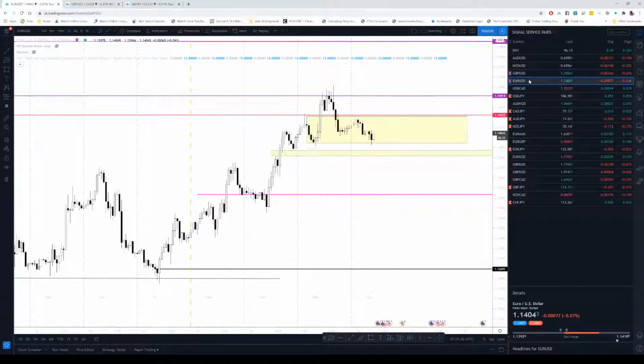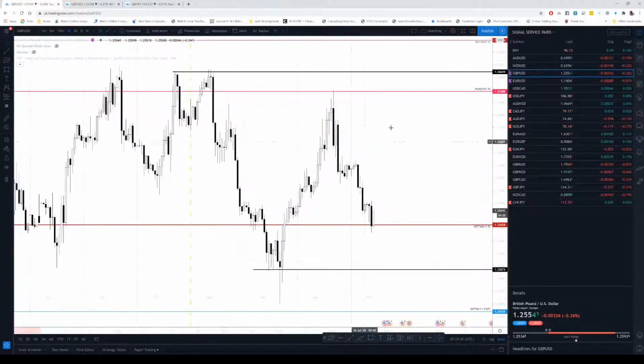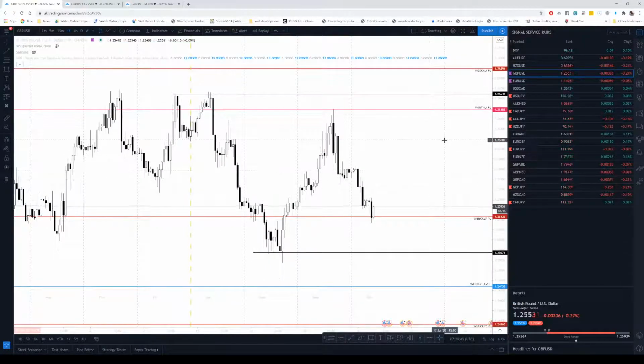Now between this and pound, because you cannot take both of them, you have to choose one, because the pound and the euro, they are paired against the dollar. So if you buy both of them, if you take a loss, you are losing. I mean, if you risk 1% on this, 1% on that, that's you placing basically 2% on one trade.